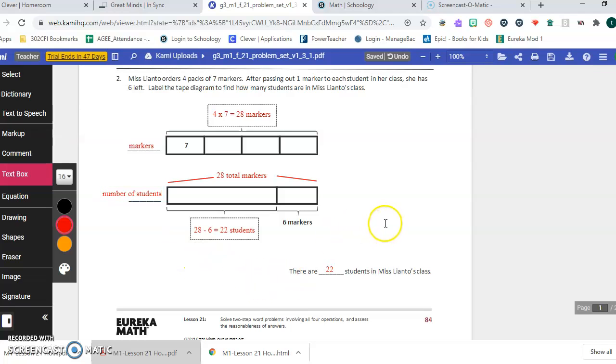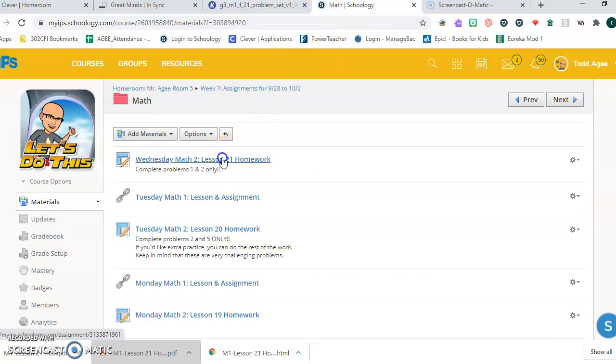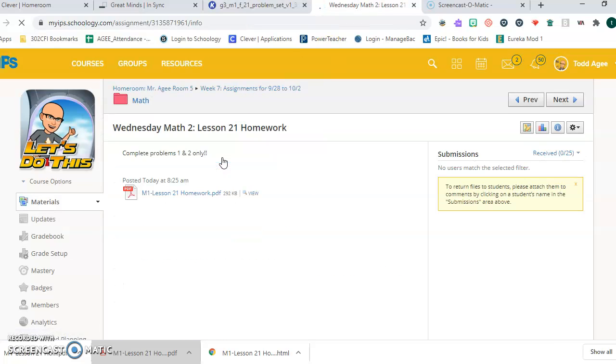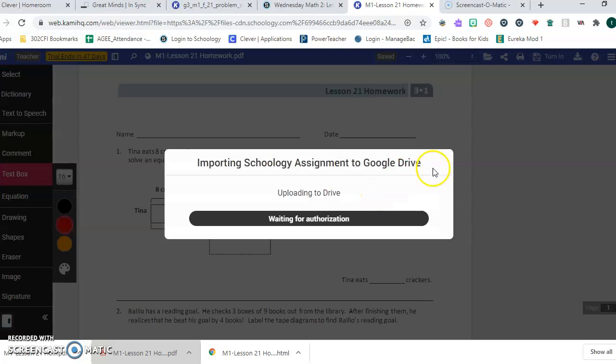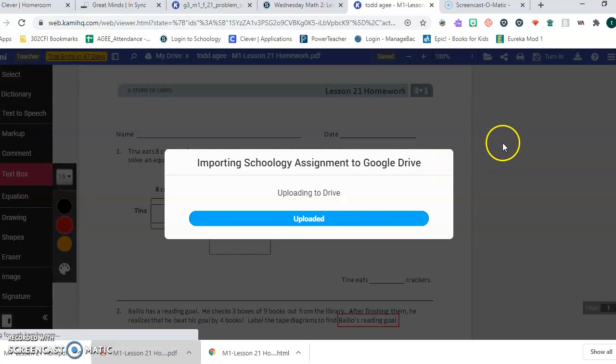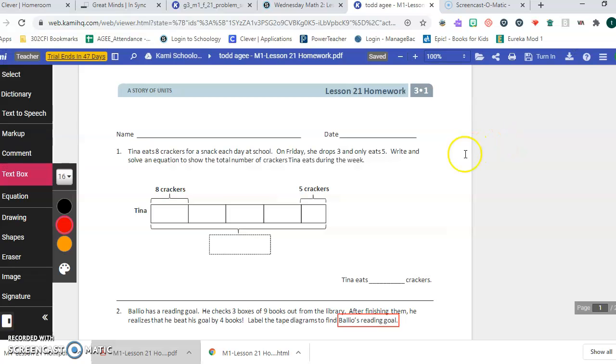All right, guys, this is kind of tricky work, and so I'm going to go through where you're going to find your assignment today. You're free to try to finish all of the problems in the assignment, but you're going to click into the Wednesday Math 2 Lesson 21 homework. You're going to open the assignment with Cami. When you open the assignment, you'll see that it looks very, very similar to the work that we just did.